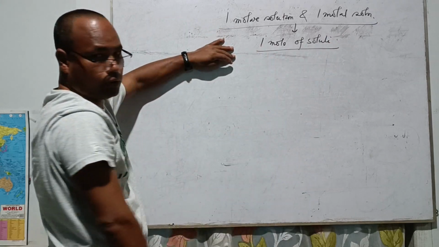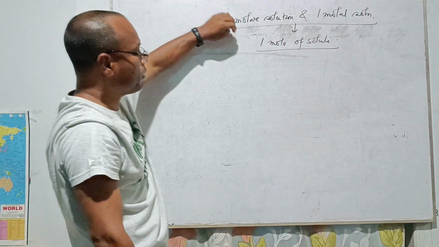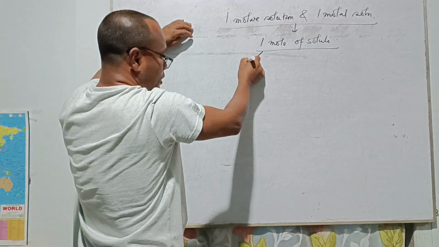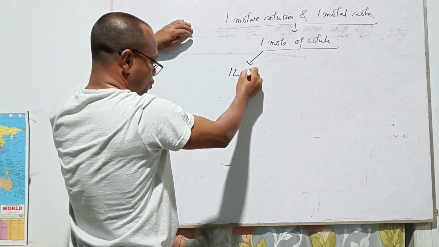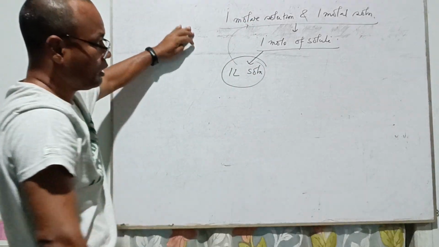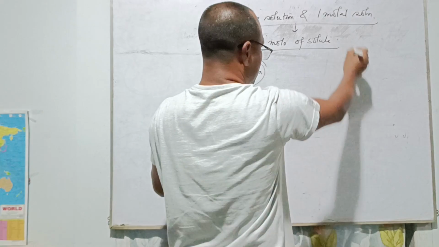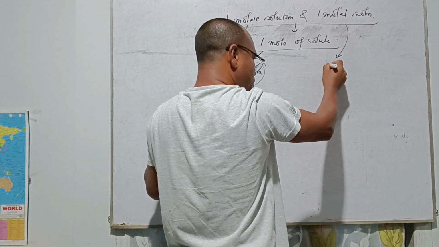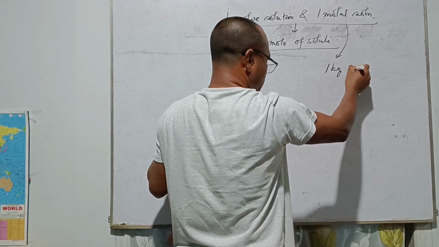What is the difference? In a 1 molar solution, there is 1 liter of solution. But in a 1 molal solution, it is 1 kg of solvent.